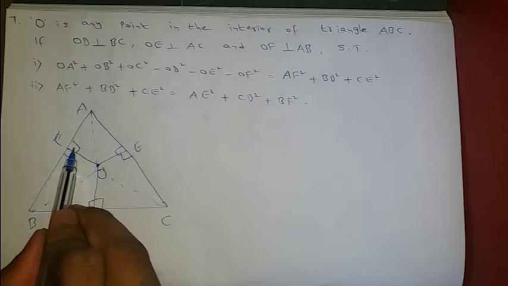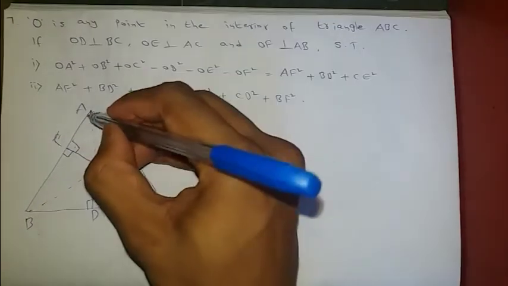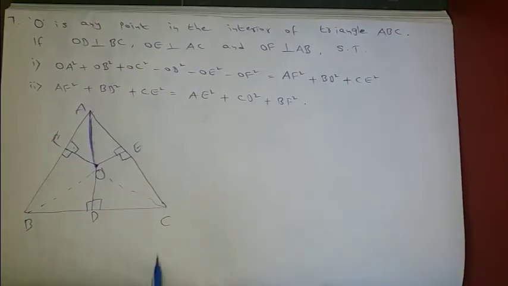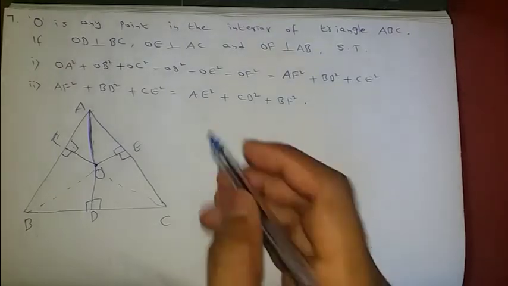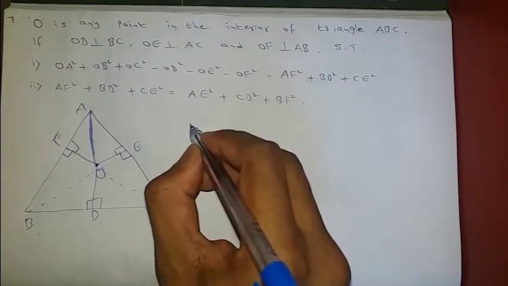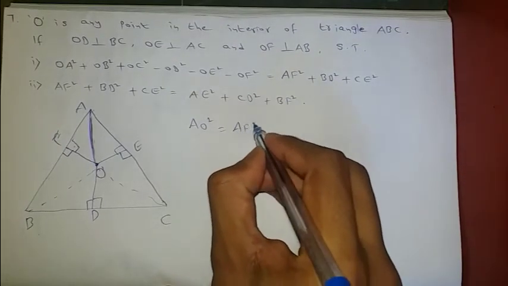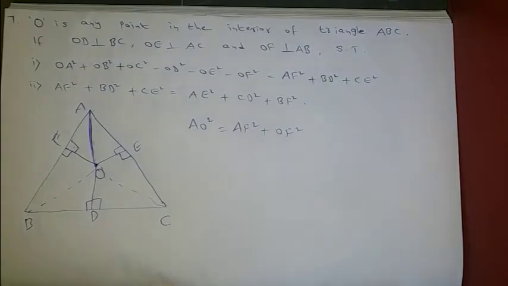Now this is 90 degrees, this is 90 degrees, this is 90 degrees. Here if this is 90 degrees, the side which is opposite to the 90 degrees, this side AO is the hypotenuse. So if we apply Pythagoras theorem for this, AO square is equals to AF square plus OF square.